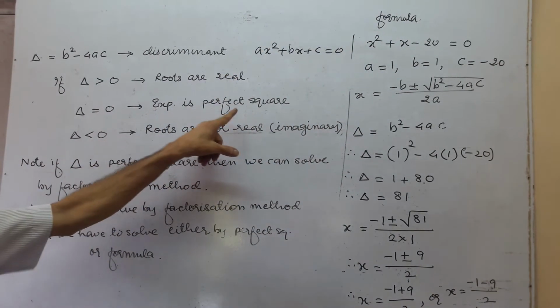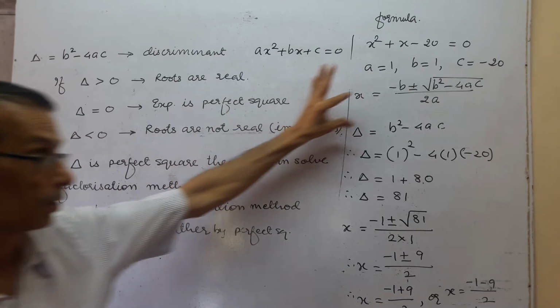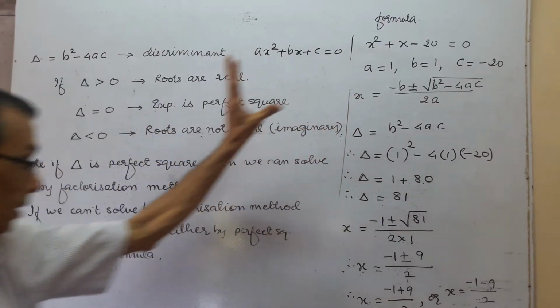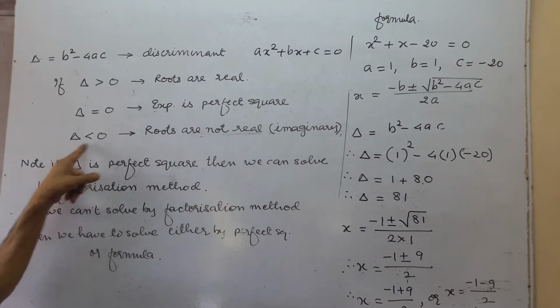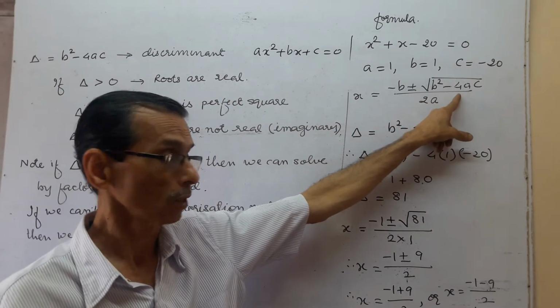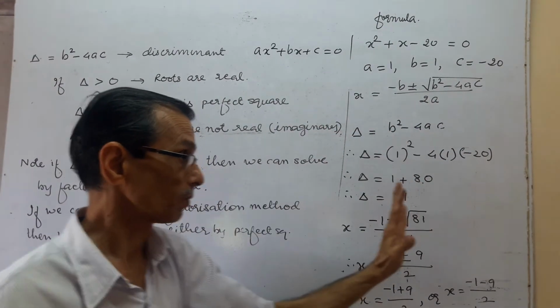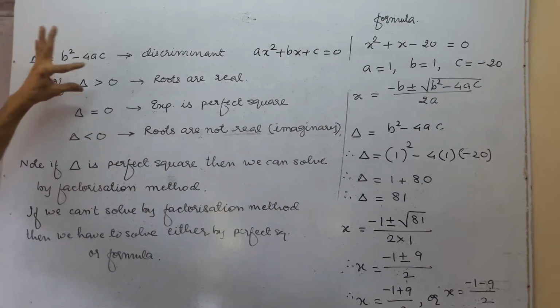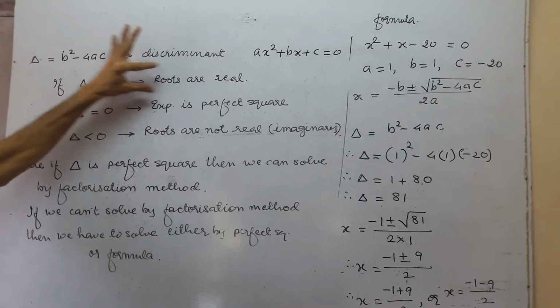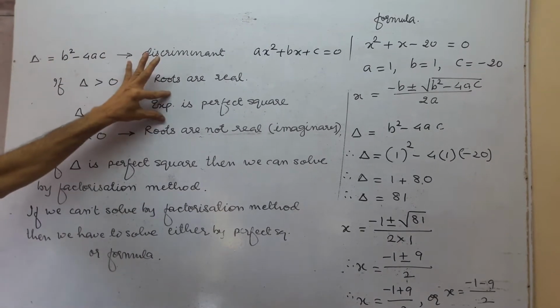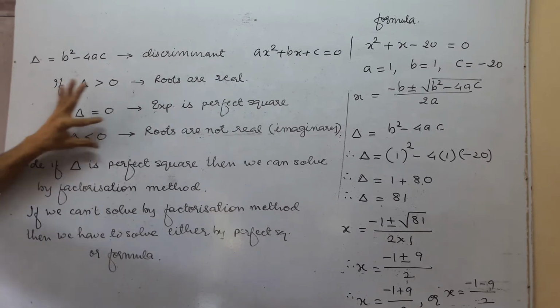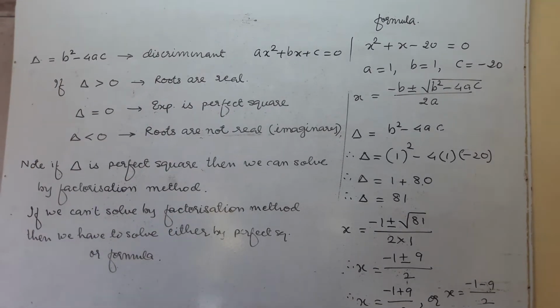If delta is 0, then we will find that the expression is a perfect square. And if delta is less than 0, then the roots are not real. Not real means imaginary. So keep in mind: delta greater than 0, roots are real; delta equal to 0, expression is a perfect square; and delta less than 0, imaginary numbers.